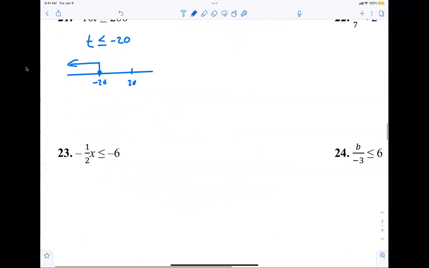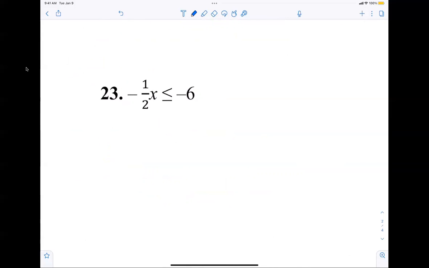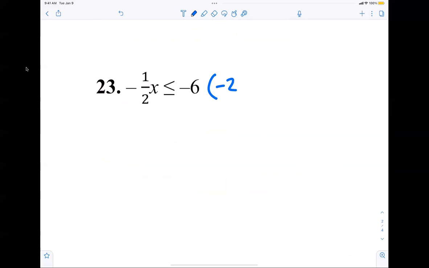Okay. Maggie, you do the rest. Do the reciprocal. What's the reciprocal? -2. Yes. So then x is greater than 12.